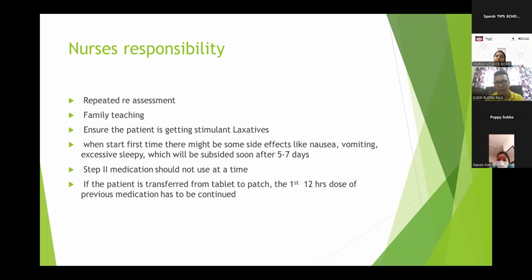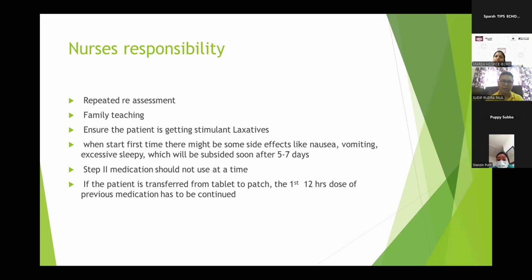Otherwise, if I explain to someone else, because whenever a patient comes to the hospital, you will see that 5 or 10 persons come together for the admission. But as time goes on, after 3 or 4 days you will find that only 1 or 2 people, close relatives or family members, are staying continuously with the patient, and the others have left.